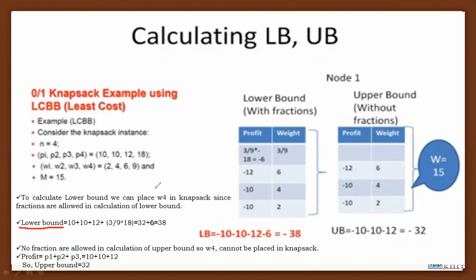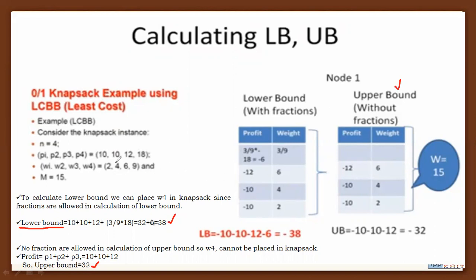While calculating the lower bound, it is for fractional values. While calculating the upper bound, it is not for fraction values. It is only 0 or 1. Either you can place the complete item or you cannot place the complete item. So when I want to calculate the upper bound, first I need to place all the items and check whether all items can be placed in the knapsack or not.